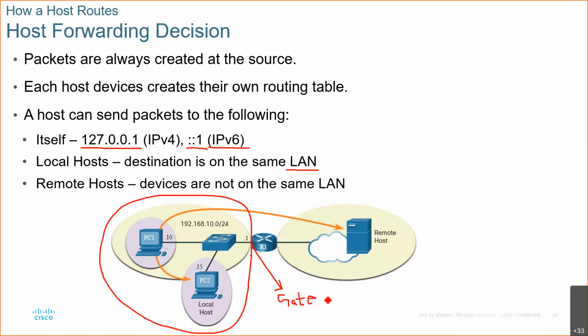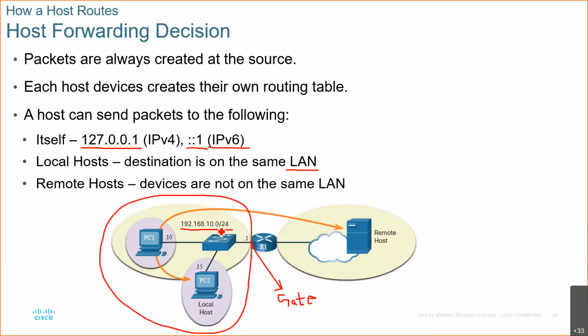So this gateway will have the same IP address as the network. Look at this network. What is the network address? 192.168.10.0/24. /24 means 255.255.255.0.